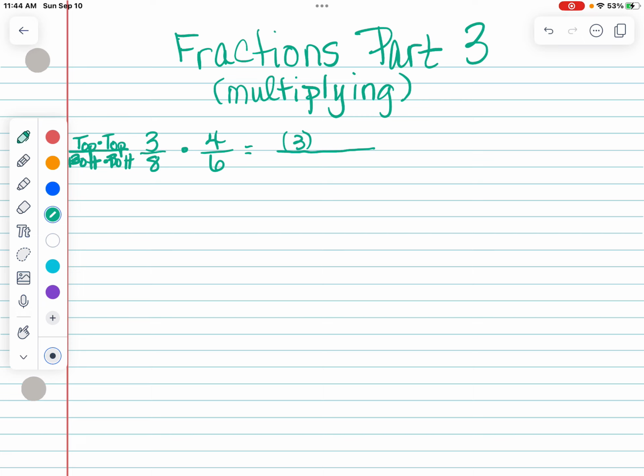I want you to keep these as factor pairs, because keeping them as factor pairs makes the numbers smaller, and we make fewer mistakes when they have small numbers.